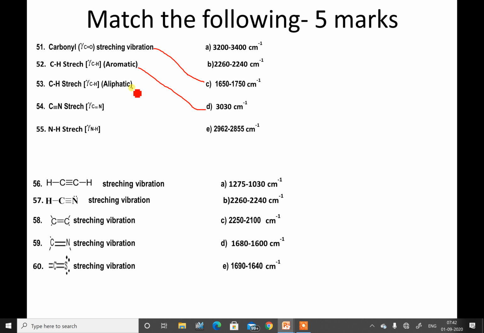CH stretch aliphatic will be this, and CN stretching will be this, and NH stretch will be this, and let us see what the answers are. So 51 is C, 52 is D, 53 is E, 54 is B, and 55 is A. Fine. Now let us see.